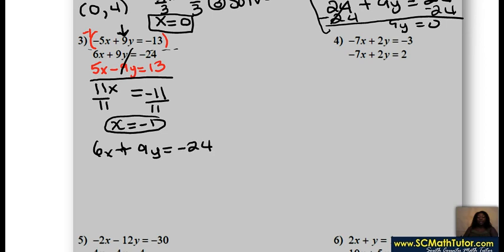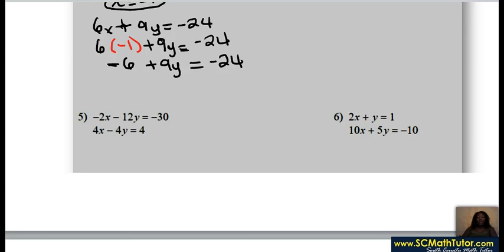I'm going to substitute -1 for x, so instead of x, I put -1, plus 9y, and add 6 to both sides.